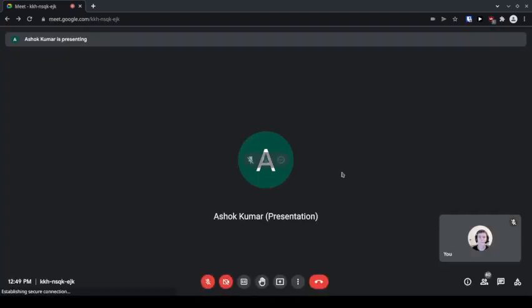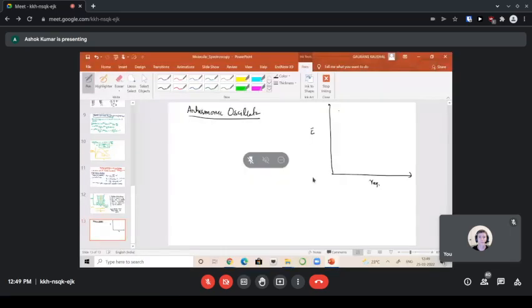and in the y-axis we have energy. So actually this curve is like this. At some point of time it will be like this. So this distance is called D equilibrium.